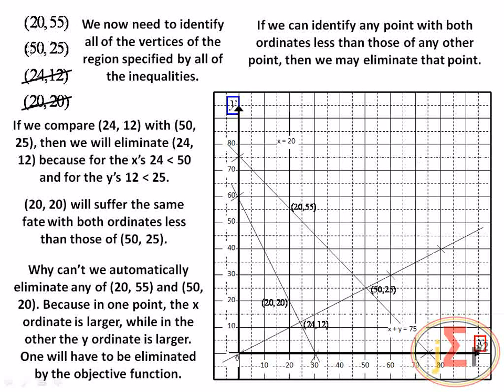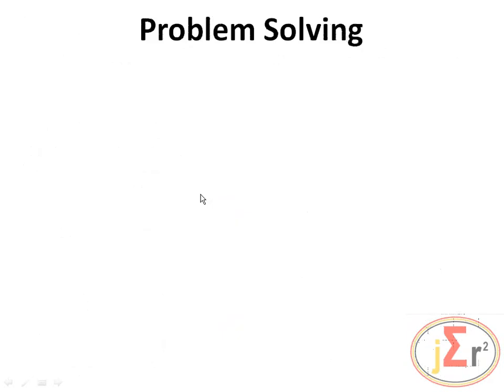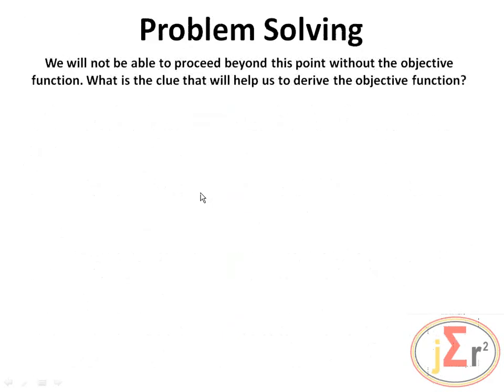Or we can say both here are not greater than the two that we have here. So we will have to eliminate one of them by making use of the objective function. We will not be able to proceed beyond this point without the objective function.